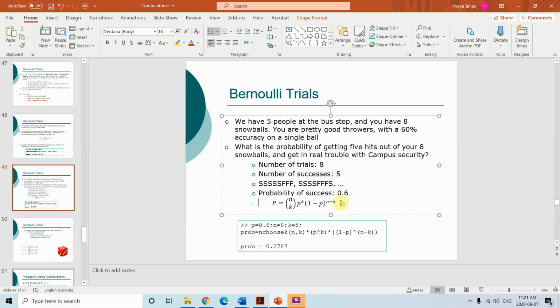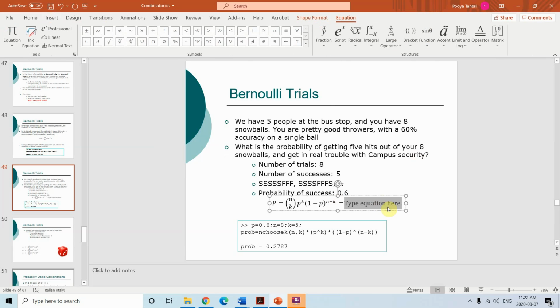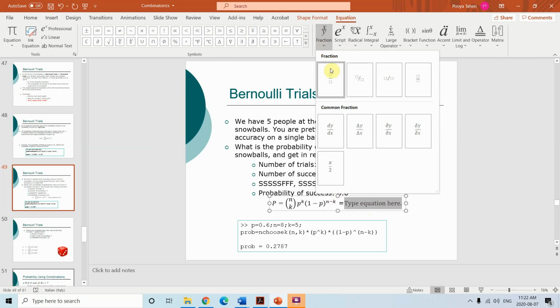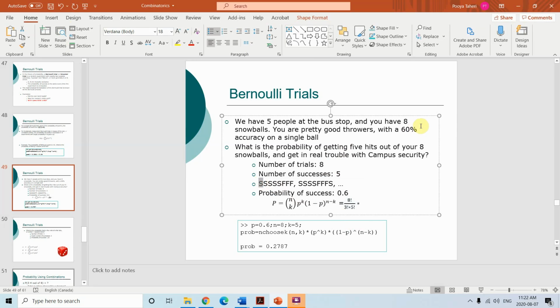Let me write it here, using the formula. We have n is 8, so 8 factorial divided by n minus k factorial, which is 3 factorial, times 5 factorial, multiplied by the probability of this one being successful, which is 60%. This one is 60%, 60%, 60%.